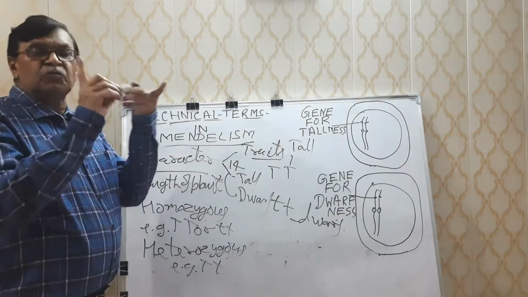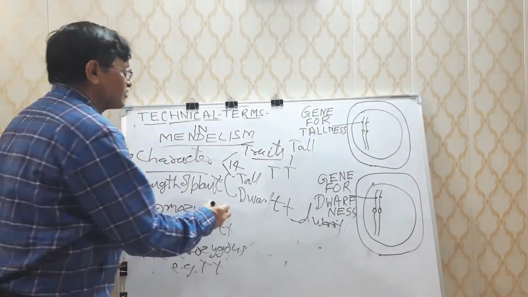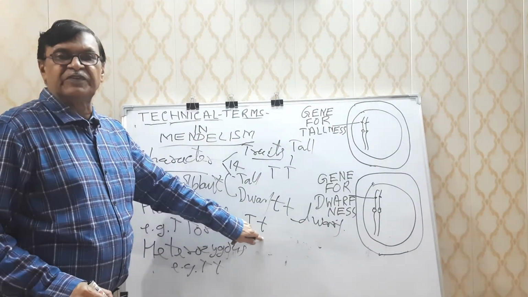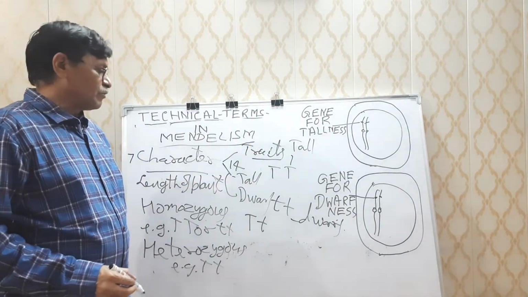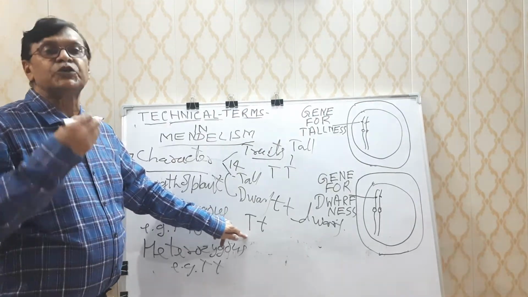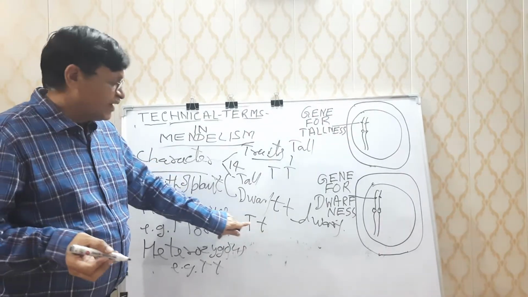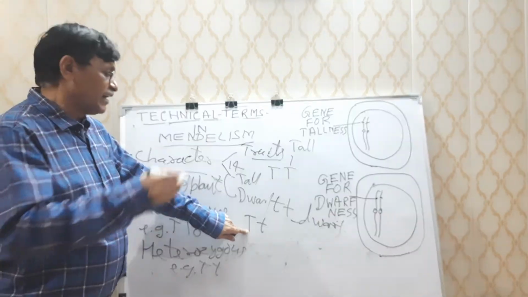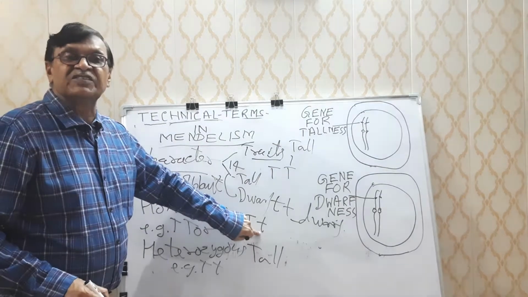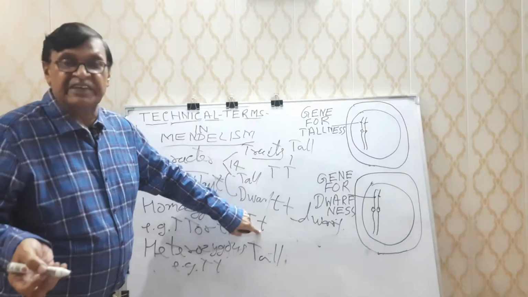But when both factors are of different types, that is, it is heterozygous, for example, 1 factor for tallness, 1 factor for dwarfness, then Mendel said that in this type of organism, only 1 factor will show its effect and the other factor will not show its effect. This factor will show its effect, so the plant will appear tall. And in this organism, this small t, which is responsible for dwarfness, will not show its effect.